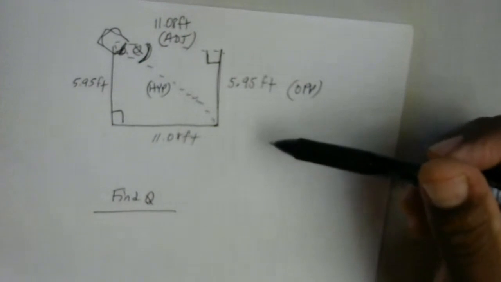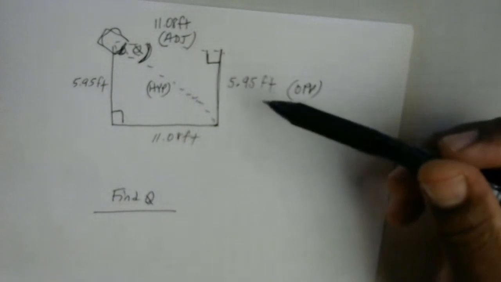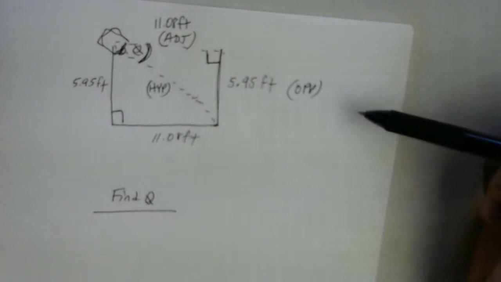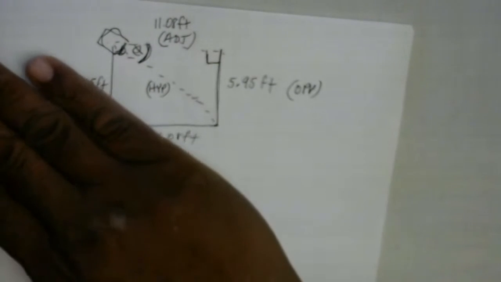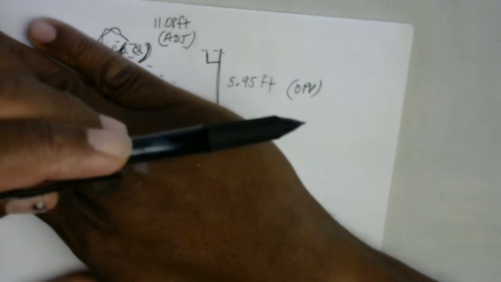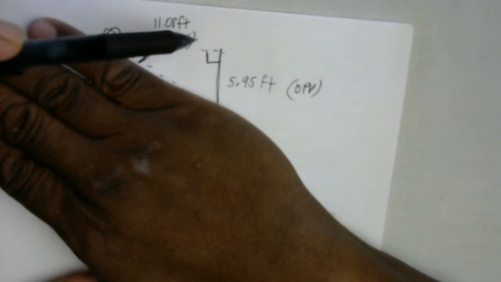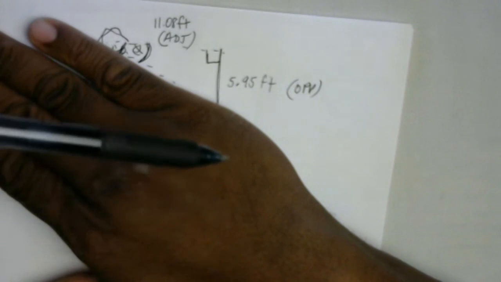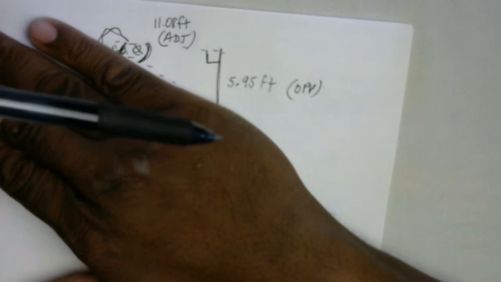So when setting up my trig function, there must be only one unknown. All right, so if I concentrate on my triangle, my unknown is my angle, which is what we're trying to find. We know the opposite, we know the adjacent. So which trig function would we use?